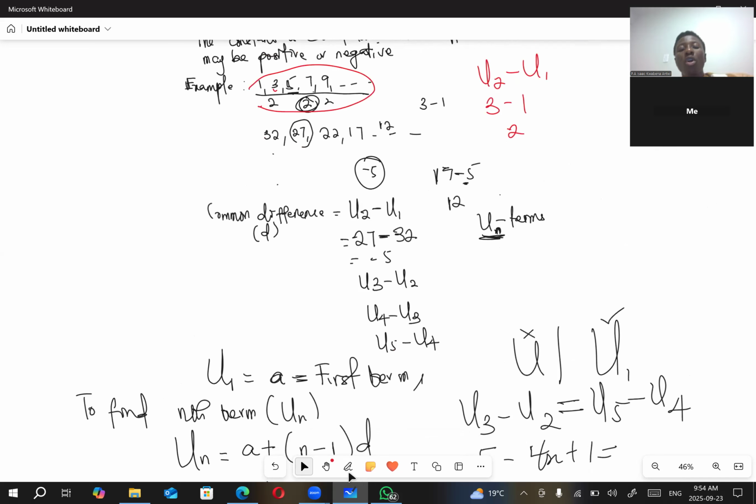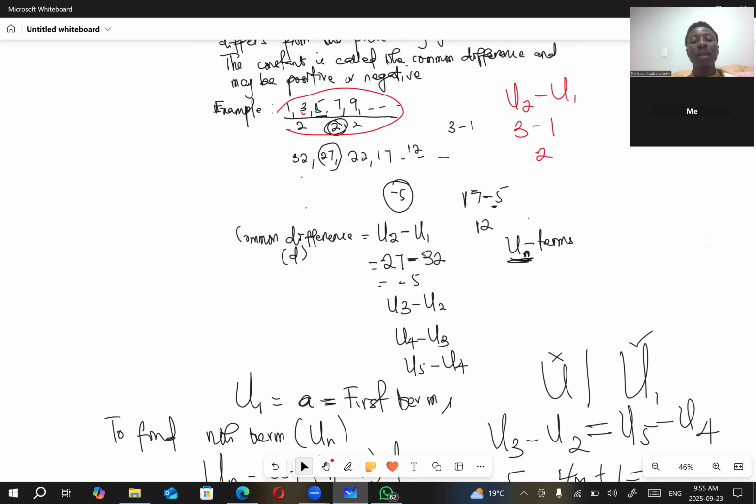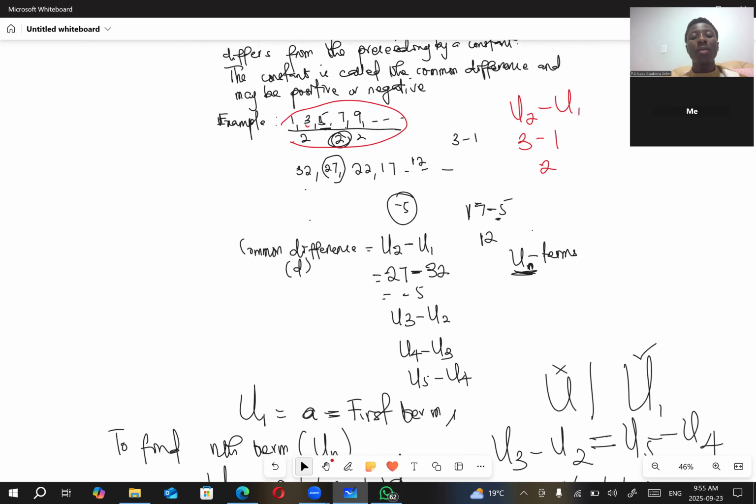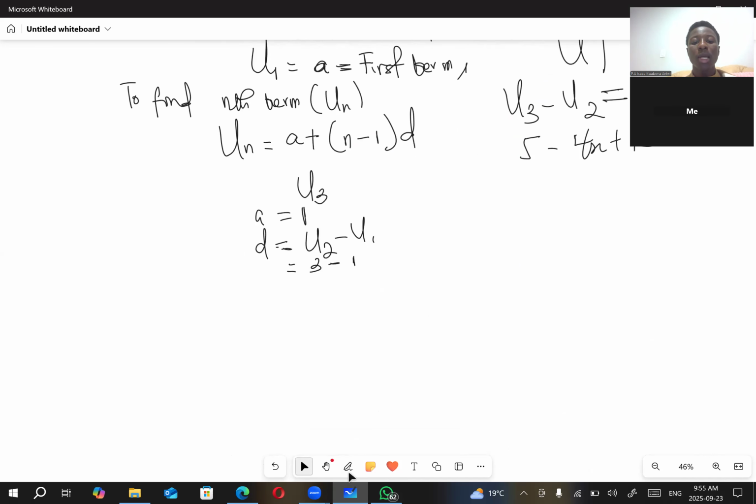Someone can do U4 minus U3. Now, U2 minus U1, U2 is 3. So that would be 3 minus 1, which is equal to 2. So we have the common difference.